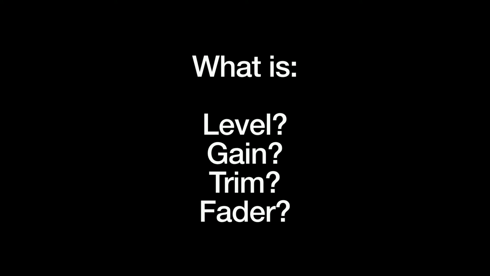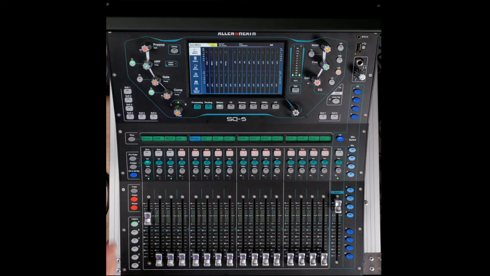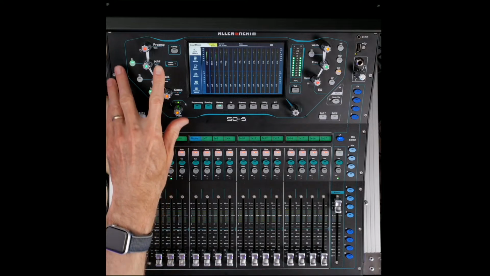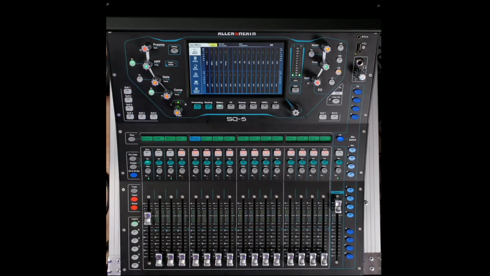So, for example, if we cut to our overhead, this is our Allen and Heath SQ5. It's pretty small, but up at the top we have our preamp, and right underneath it says gain. Now if you go to a Sound Devices MixPre and go into the menu, it says gain.